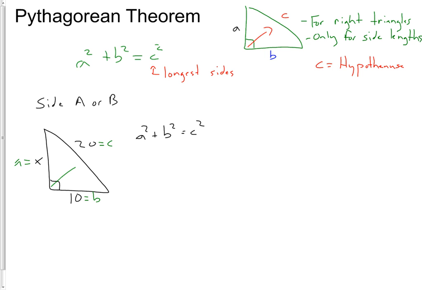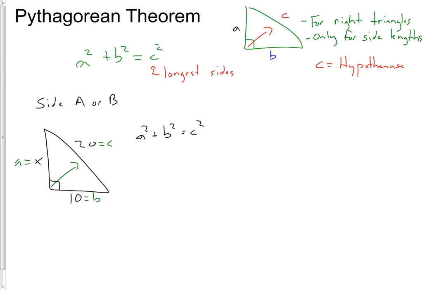We know that c is the side across from the right angle. The key here is always that we have to label the C side correctly. It doesn't matter which side you call A or which side you call B, but you always have to label the C side correctly as being the hypotenuse.